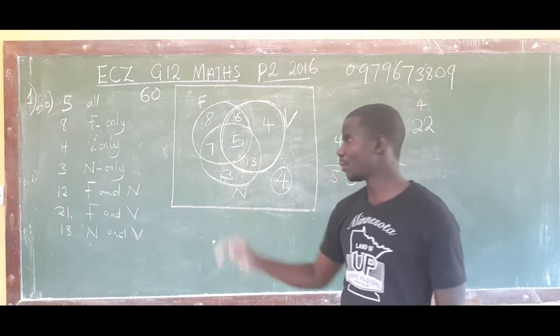The shortest distance from D to AC. This is the same as the shortest distance from B to AC. Take note of that.